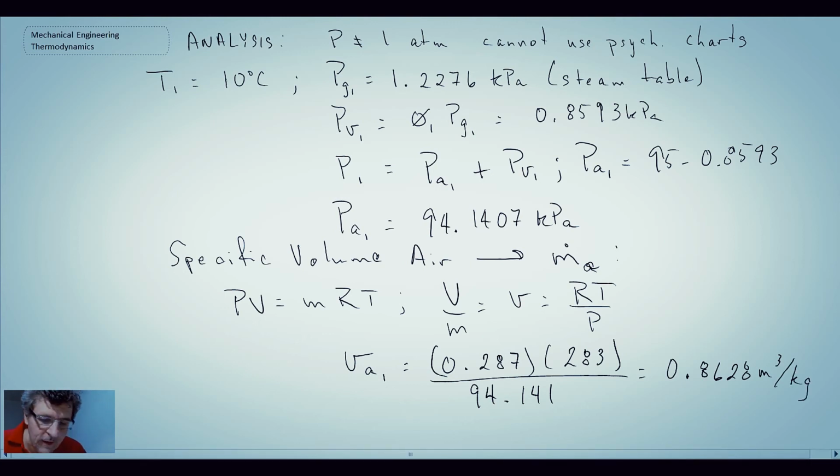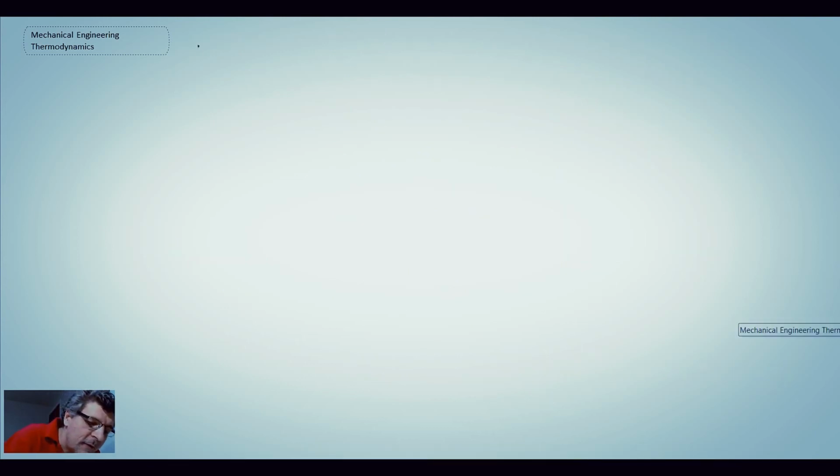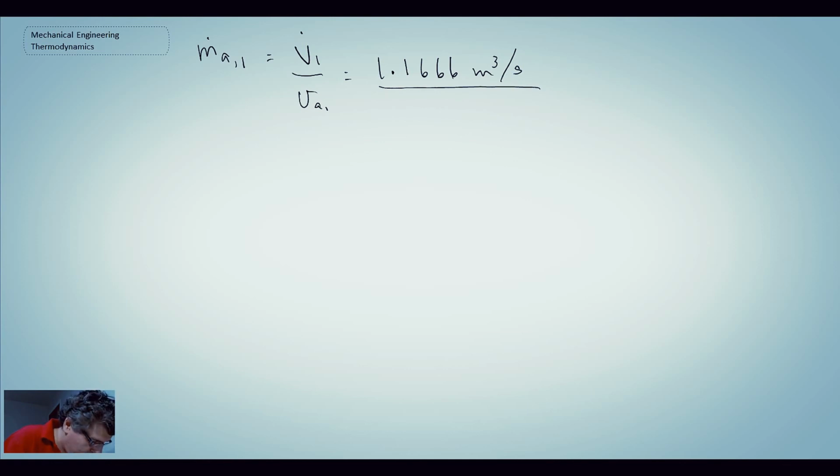So that there is the specific volume of the dry air. We can now use it to compute the mass flow rate of air. So that is the mass flow rate of dry air in our system.